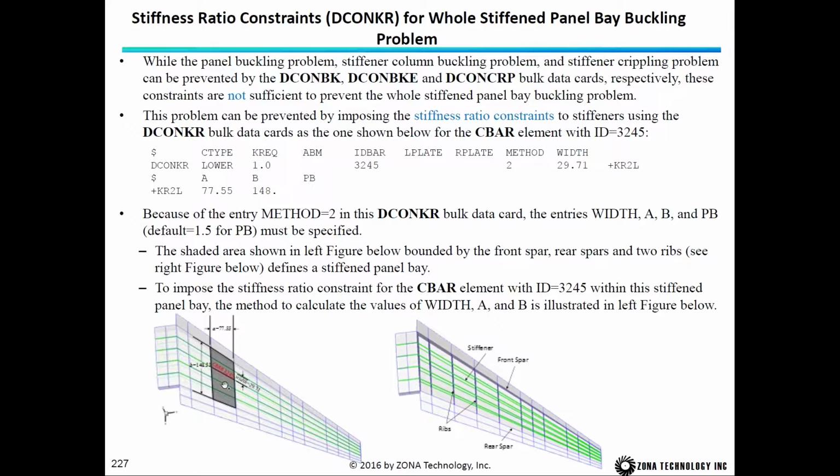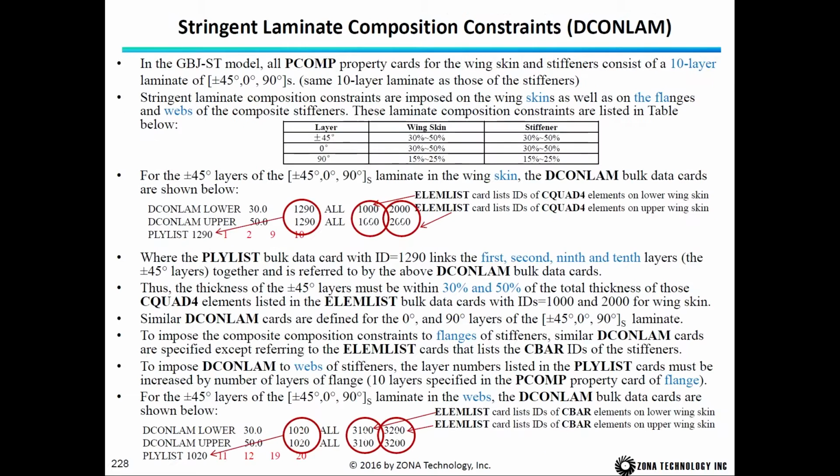The stiffness of the CBAR and the stiffness of the two CQUAD elements must be within upper and lower bound. Okay, so if they satisfy this stiffness ratio constraint, it can prevent the whole panel bay from buckling problem.